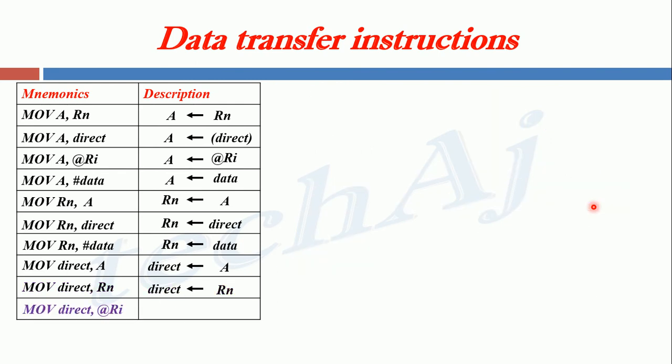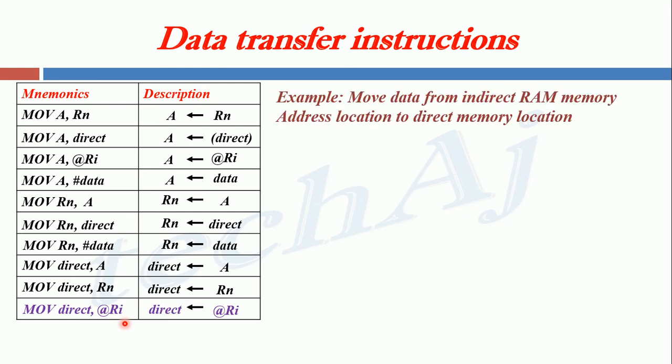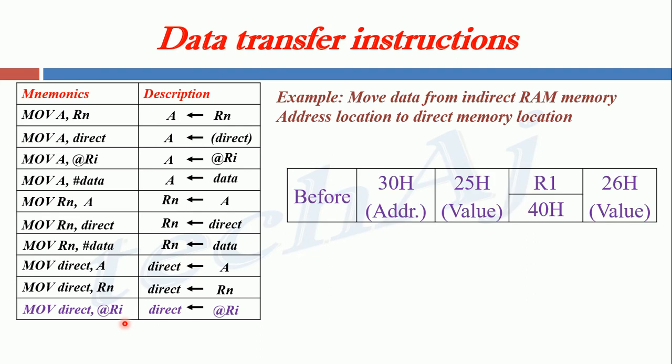Next, MOV direct, @Ri. This instruction will copy the data pointed by the register Ri into the direct memory location. For example, suppose initially address 30H is having the value 25H and register R1 is pointing to the address 40H.